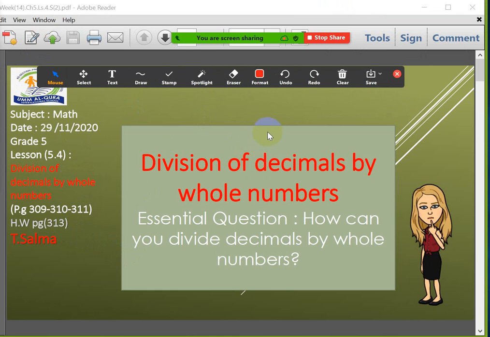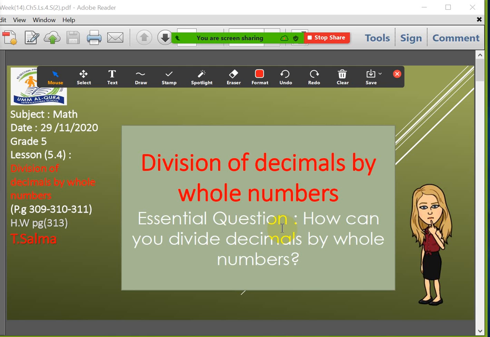Okay girls, how can you divide decimals by whole numbers? Last week we learned how to divide a decimal number by a whole number by using a model. But of course, when I want to divide a decimal number by a whole number in any exercise, I will not always use a model. So this is the strategy that I will use in all exercises.